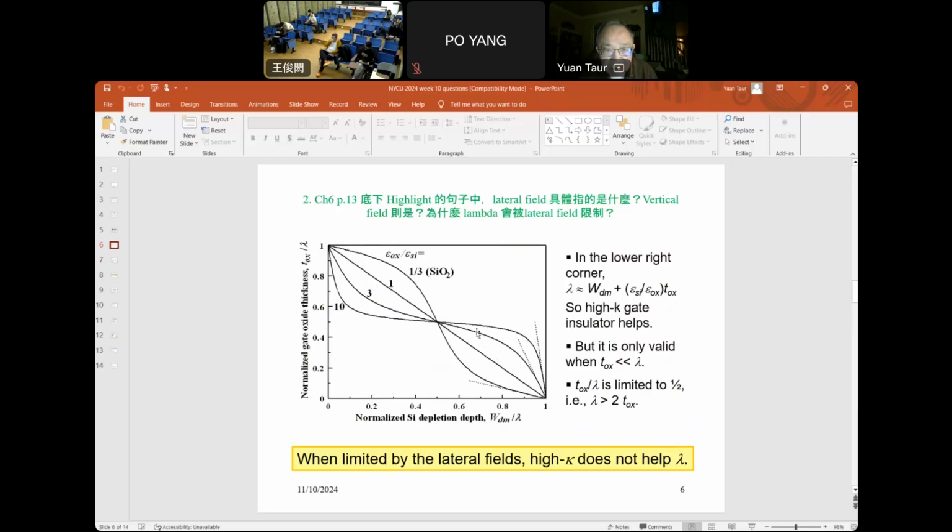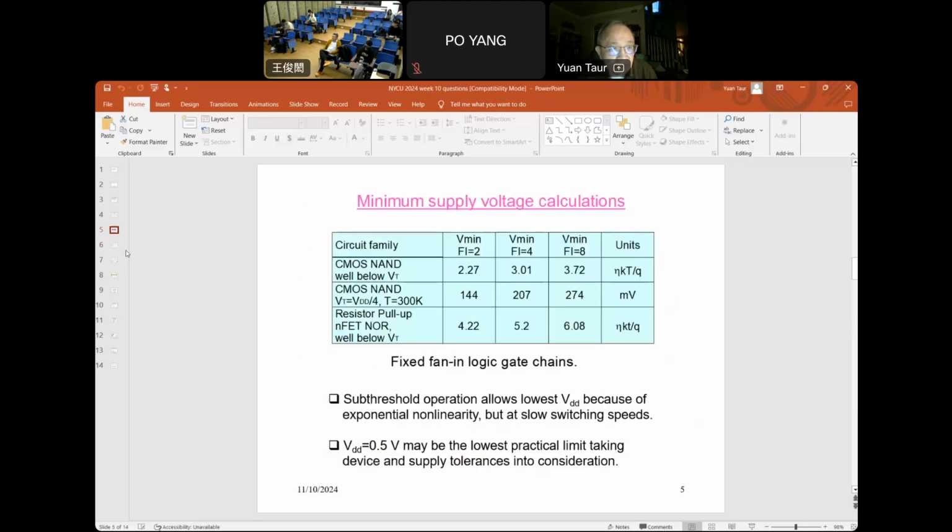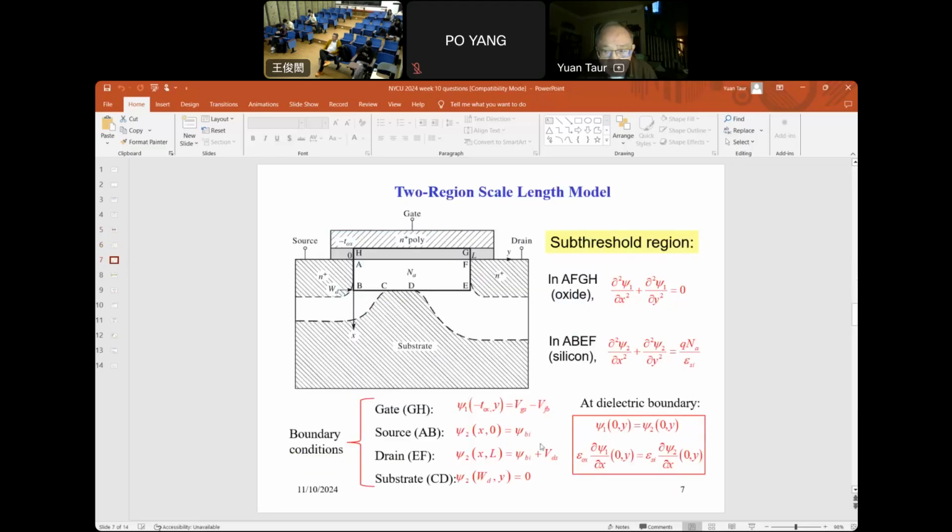And so in that case, the lambda is independent of the dielectric constant. So that's why the comment, see. Okay. So if it's independent of the dielectric constant, that means the lateral field, the field that's parallel to the interface when the dielectric is thick, is dominating the scale length behavior.